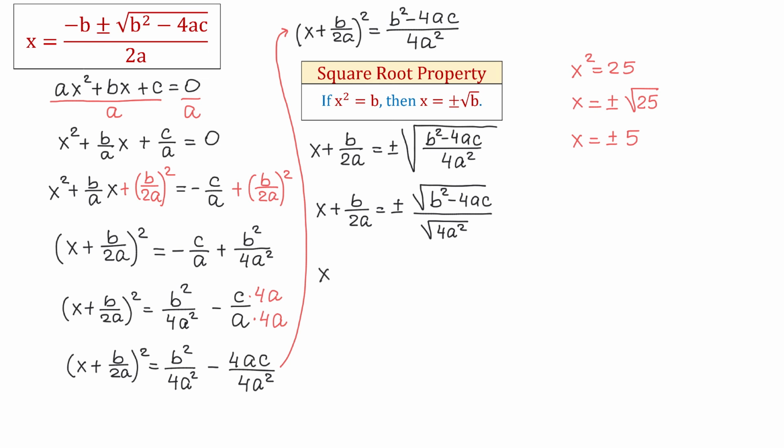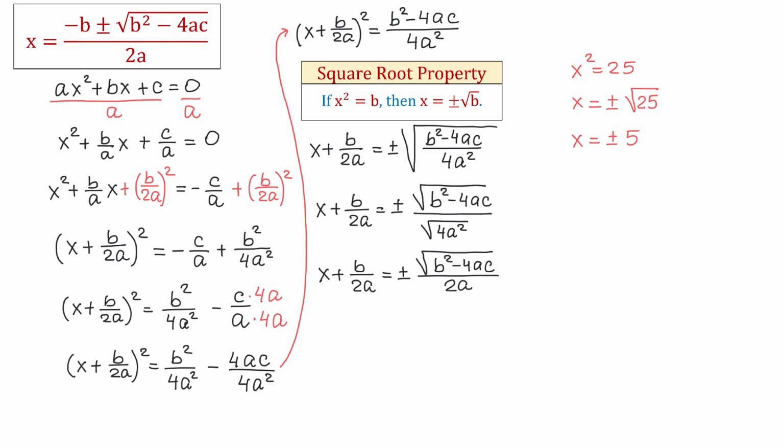Then x plus b over 2a equals plus or minus square root of b squared minus 4ac over, and now in the denominator square root of 4 is 2 and square root of a squared is a. Then we will write 2a.